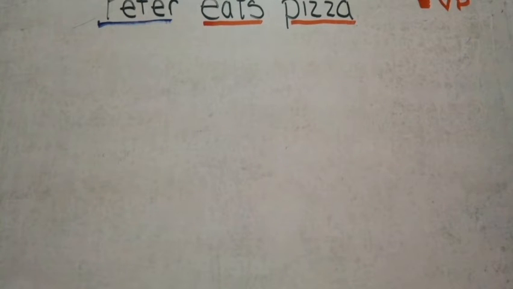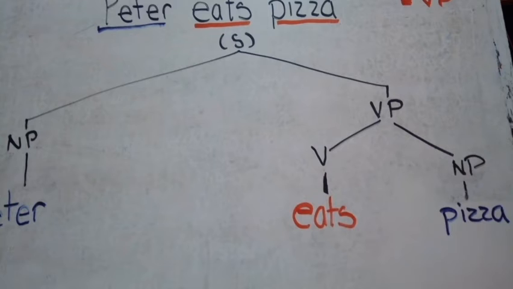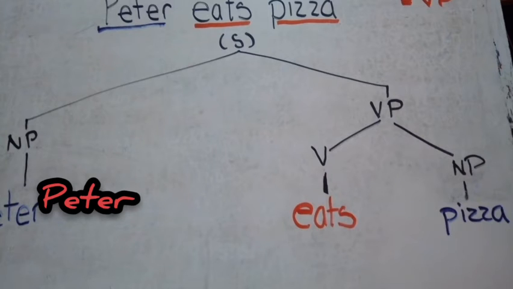So imagine a simple sentence as in elementary school. Maybe Peter eats pizza. So now we have to identify the two main parts in this sentence, okay? Go ahead. Well, as you can see, we have two branches, the noun phrase and verb phrase. In the noun phrase we only have the word Peter.